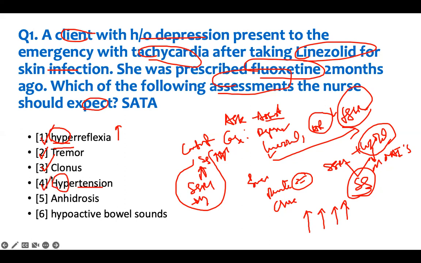Hyperhidrosis. I don't see hyper there, but the word itself sounds really down. Okay, hyperhidrosis. So in serotonin syndrome, the patient usually sweats a lot. This is one of the conditions.